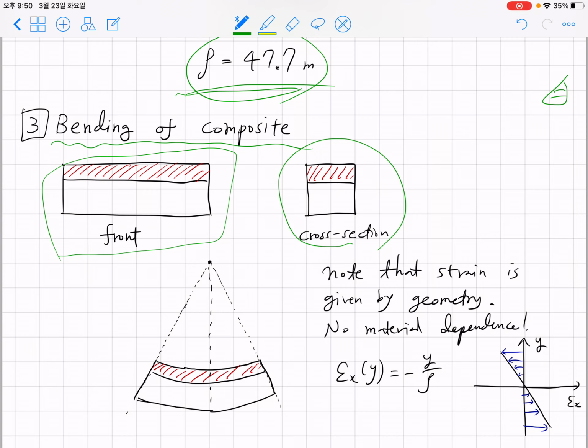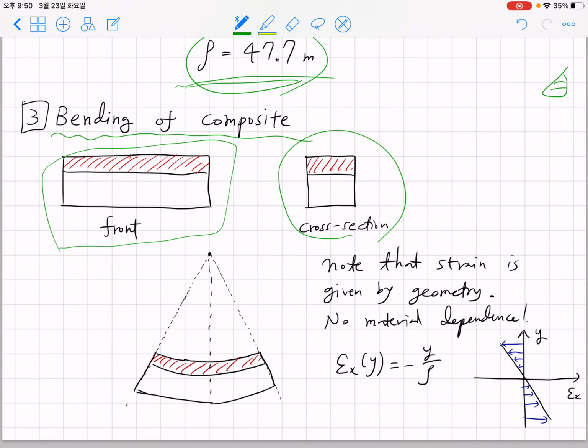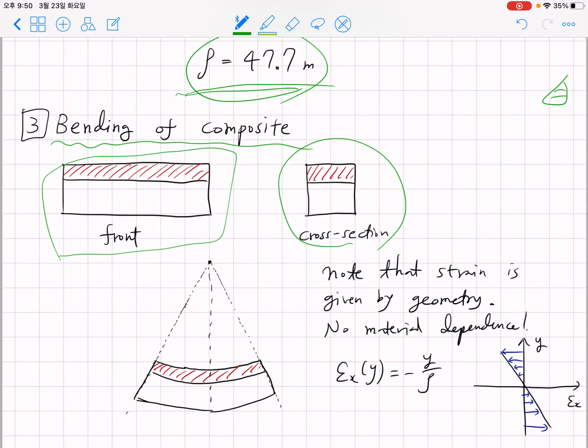So if we recall the assumptions we made about pure bending, what you can see is the cross sections are located and oriented at a 90-degree angle even after bending, and they're going to meet at one point if we extend their planes.